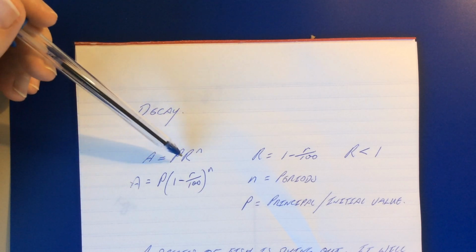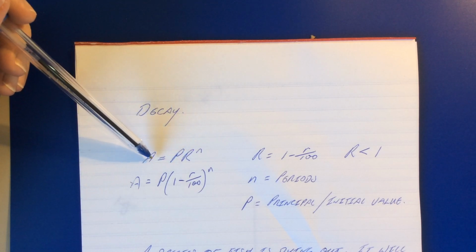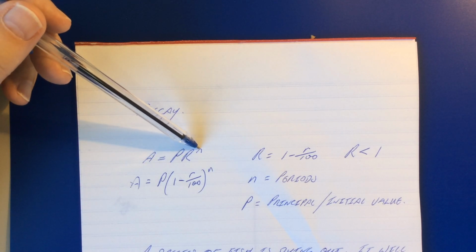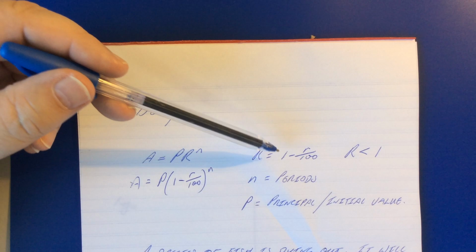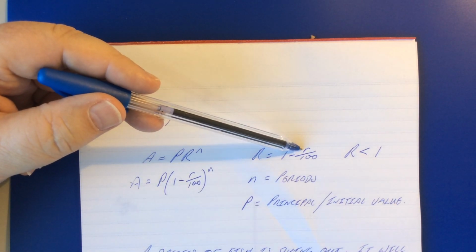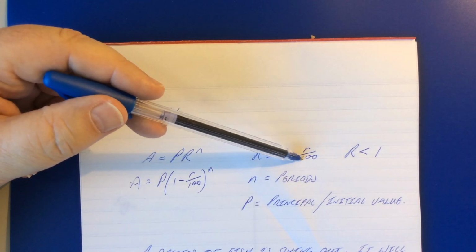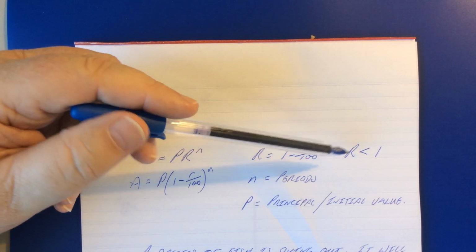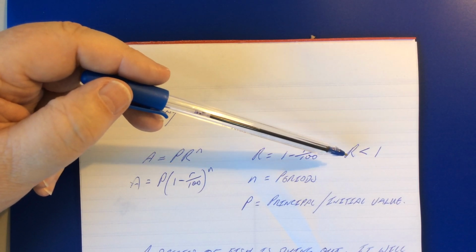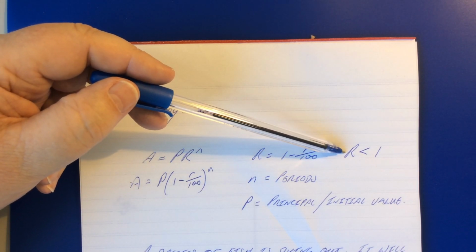Now, the general formula for this is A equals P R to the N, where R is 1 minus little r, which is the rate of decline over 100. And in order for this to be a model for decay, R must be less than 1.